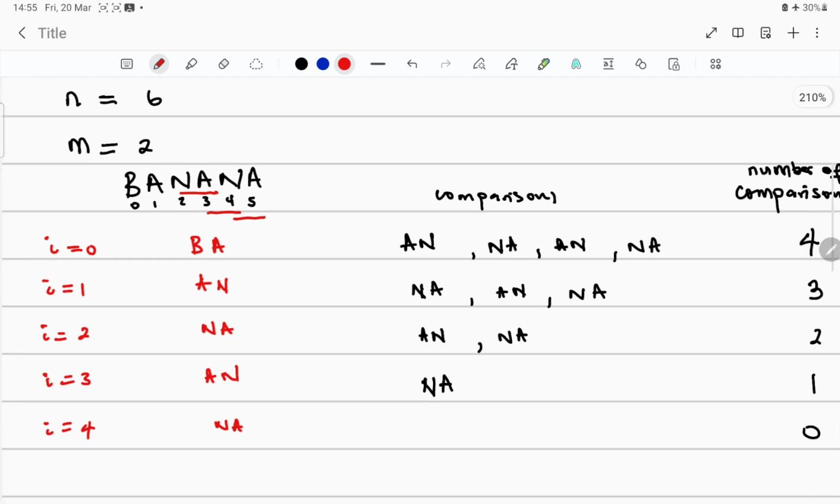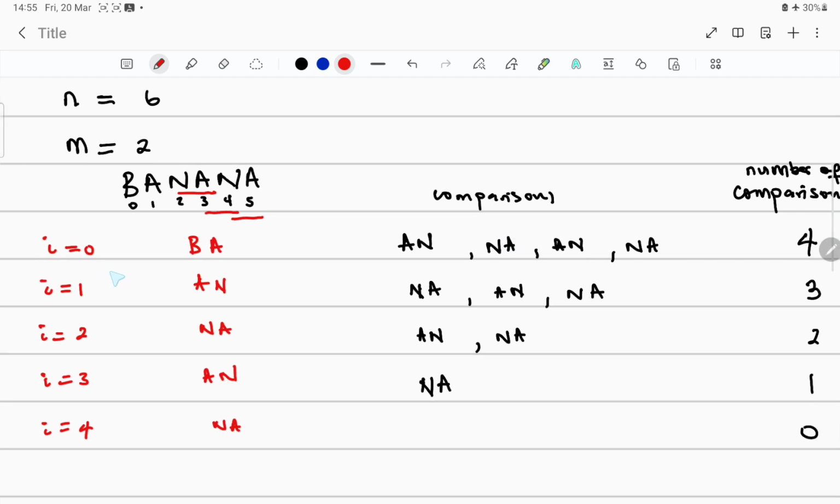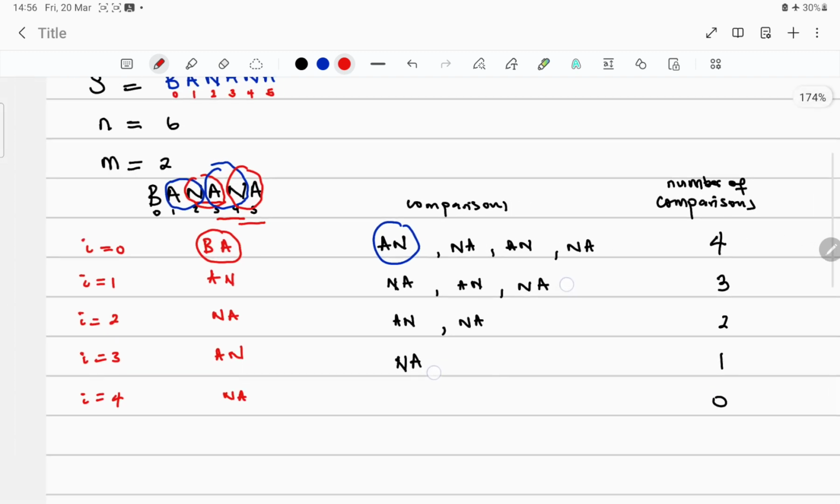The comparisons when i is equal to 0 for BA are AN, NA, AN, and NA, which are 4 comparisons.